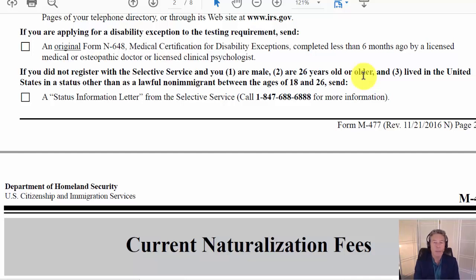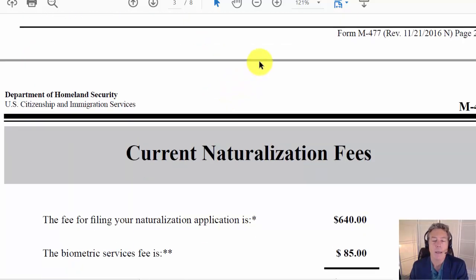I just tell my people, just register. Just get a registration in, even if you're 80. Just say, yeah, I'll register. They won't accept it, but at least you can show that you tried and that you're willing. Because again, these good moral character questions are sometimes based on the whims of the immigration official who's actually doing the interview. So that is the document.